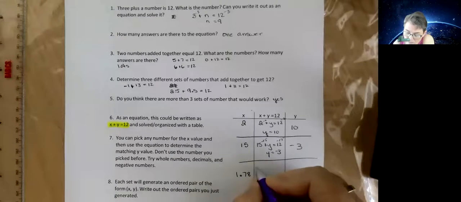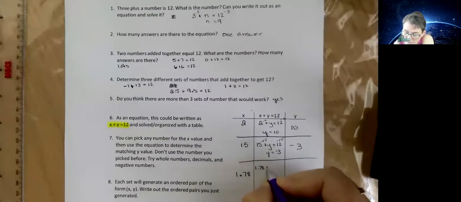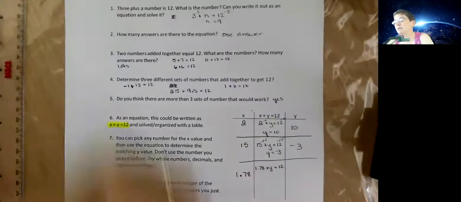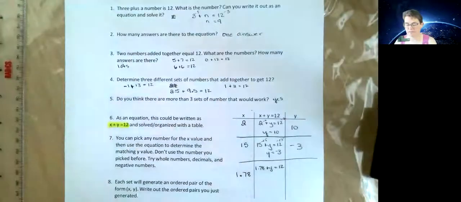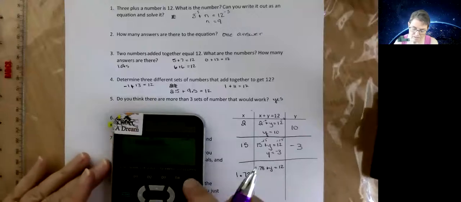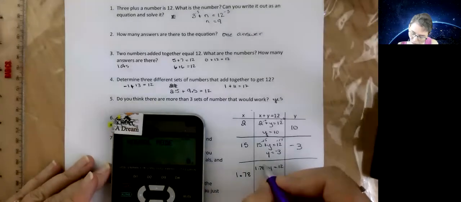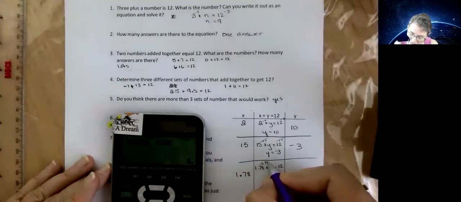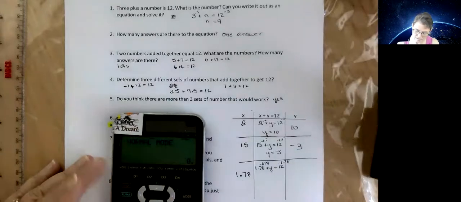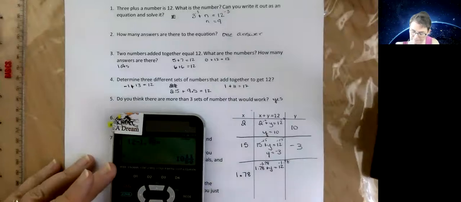So 1.78 plus y is equal to 12. Now I've got myself in trouble. Got my handy calculator. Minus 1.78 from both sides: 12 minus 1.78 is 10.22.